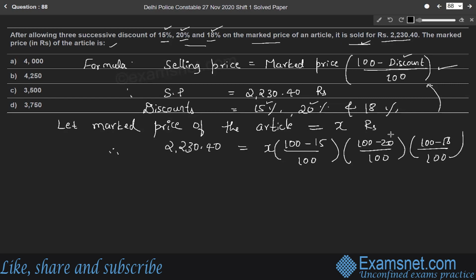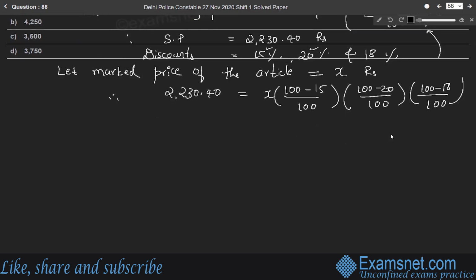Therefore, simplify it. 2230.40 is equal to X into 85 into 80 into 82, whole divided by 10 to the power of 6.